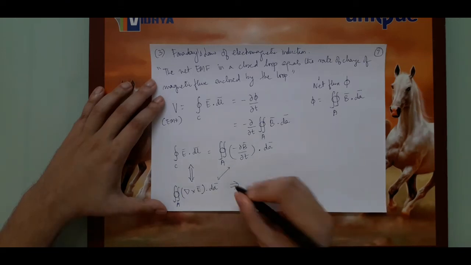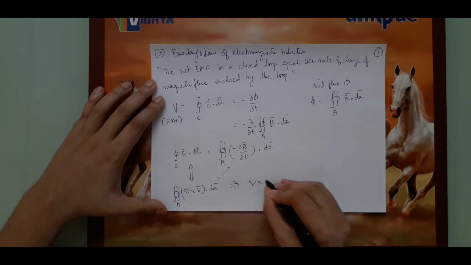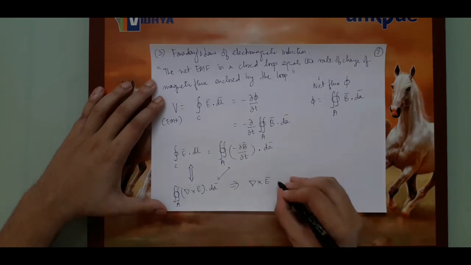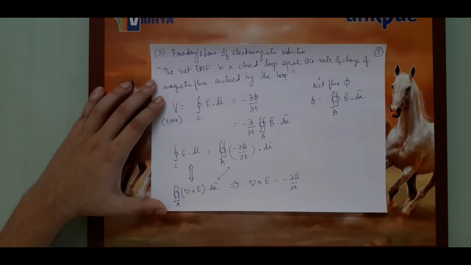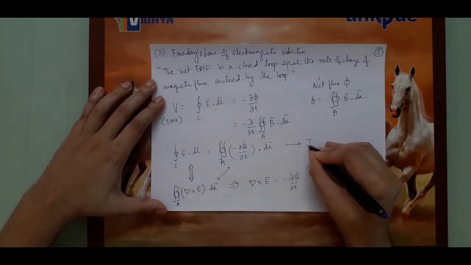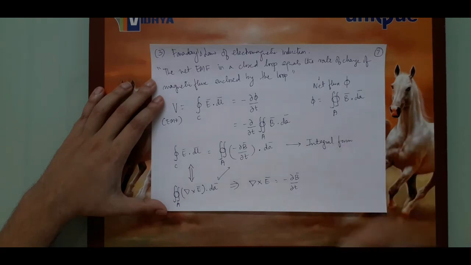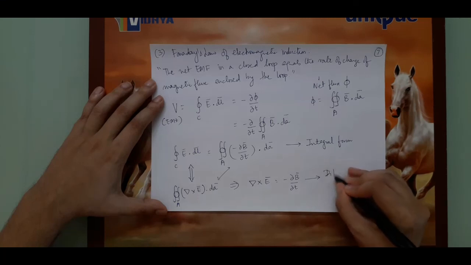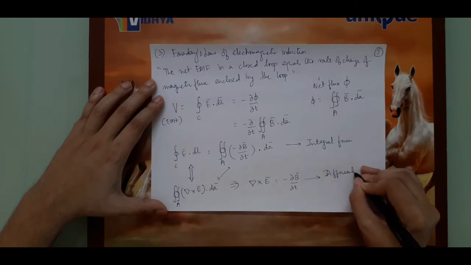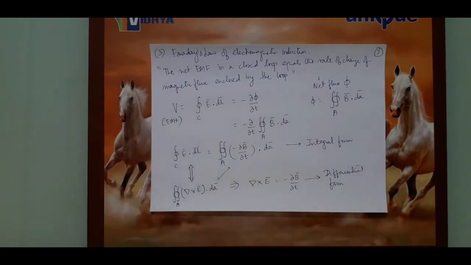So that means I can equate these two. I can say that the curl of the electric field intensity is nothing but minus the rate of change of the magnetic flux density. So this is called the integral form of Faraday's law, and this is called the differential form of Faraday's law.